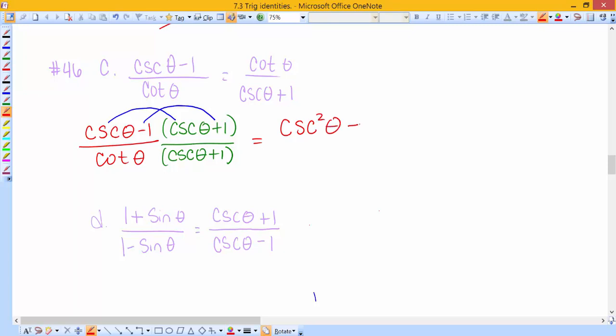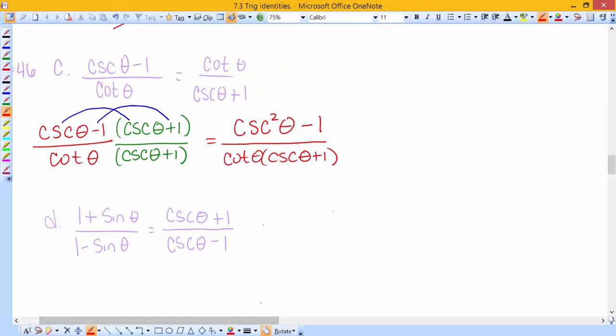Negative 1 times 1 is negative 1. Now, I want to end with cosecant plus 1 in the denominator, so I'm not going to multiply the cotangent through. So cotangent, cosecant plus 1. If I multiply the cotangent through, now I've lost my cosecant plus 1. So I want to leave it the way it is.